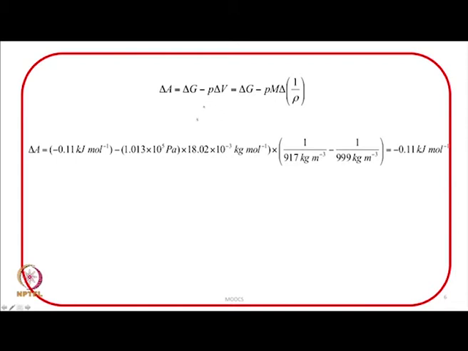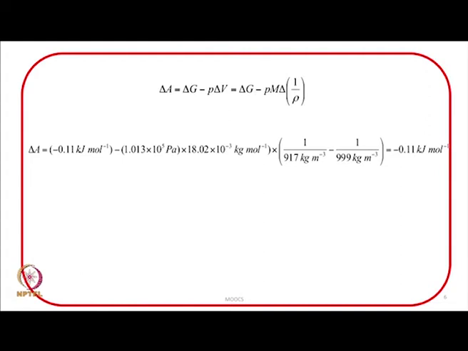Pressure has to be in pascals, and the molecular weight of water is 18.02 into 10 raised to power minus 3 kilogram per mole. So, we have to take care of the units and then put in the density of ice and the density of liquid water. The answer still comes out to be minus 0.11 kilojoules per mole.